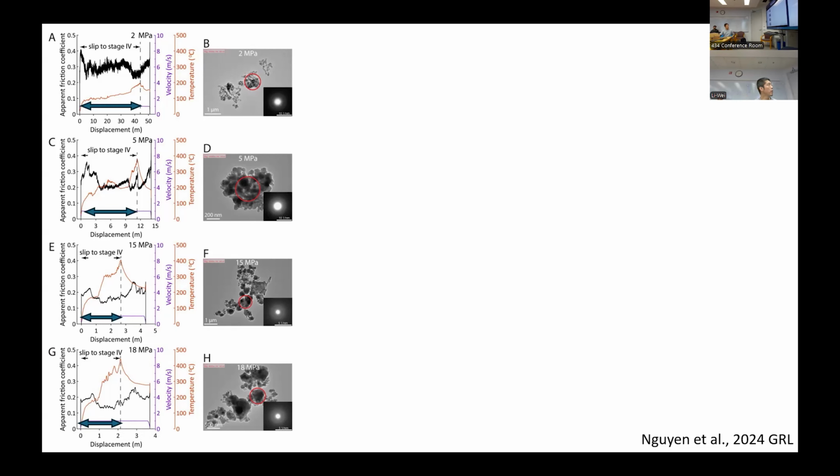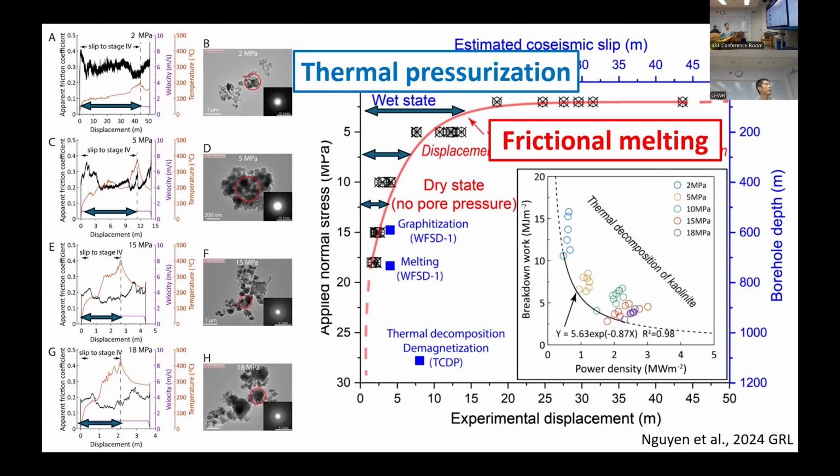We realize the thermal decomposition of kaolin can occur at different displacements, and this seems to be relevant to normal stress. So we plot that with normal stress and displacement. This is the displacement at which we have the temperature drop over here.